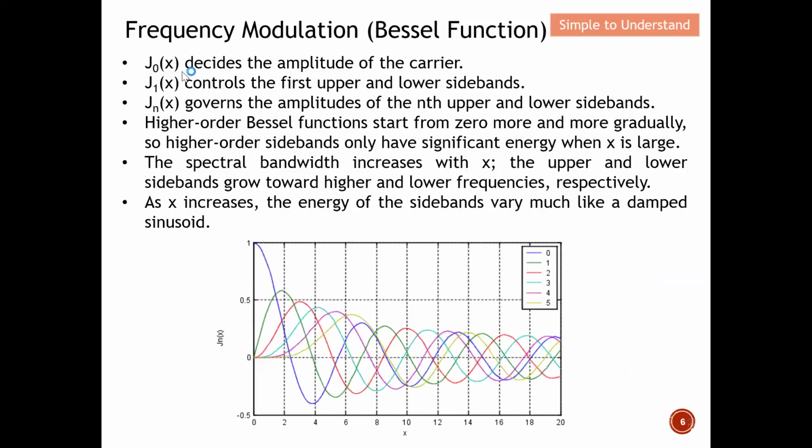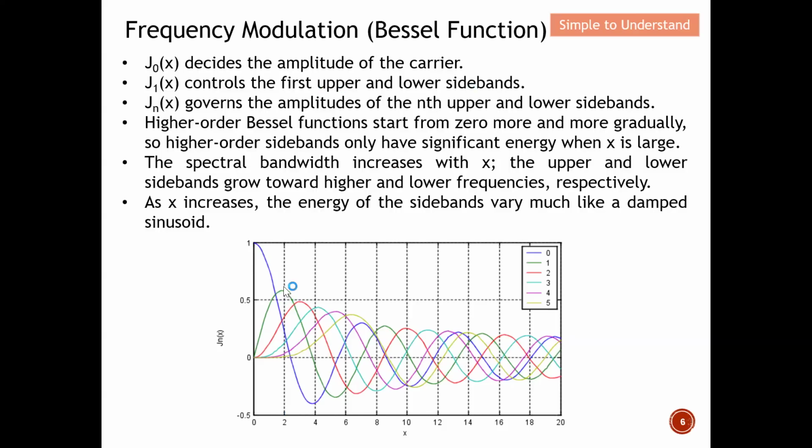Let's come to the key important points that we have from this graph here. The J0X decides the amplitude of the carrier. From here, you can see that this part here will decide the amplitude of the carrier. The J1X controls the first upper and lower sidebands.